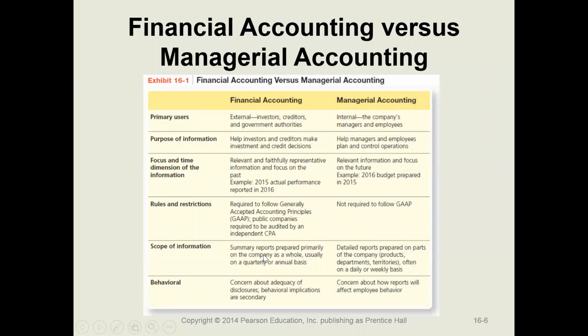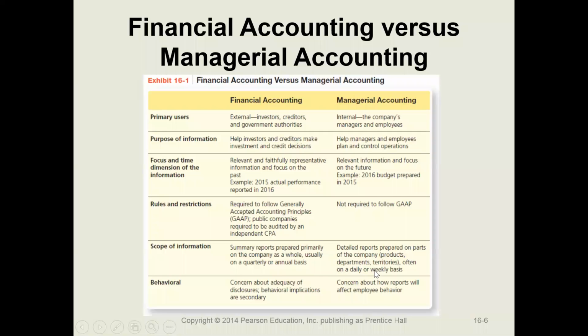So another difference is the scope. Generally, for financial accounting, reports are prepared for the company as a whole, on a quarterly, monthly, annual basis, primarily quarterly and annually.